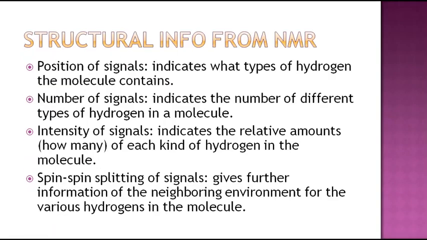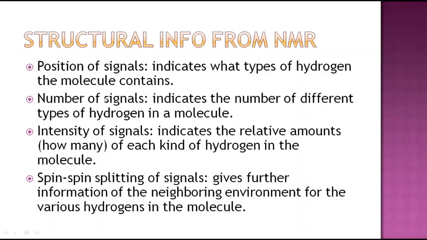That's why, for example, the position of the signal gives the chemical environment in which the proton is present, whether it is with an electronegative atom, whether it is in an aromatic ring, whether it is with oxygen, whether it has hydrogen bonding. All this information is gained from the position of the signal. That is what we call chemical shift.